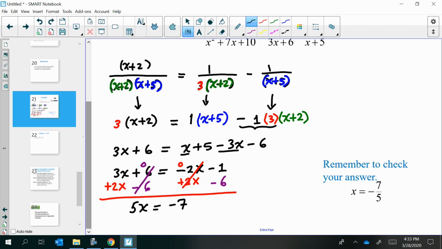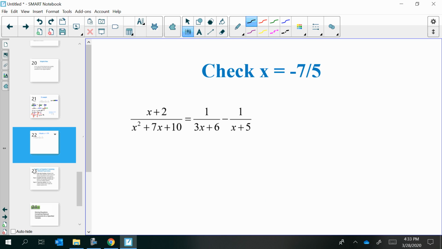And when I do my last step, inverting the multiplication of 5 by doing division, I have my proposed solution of x equals negative 7/5. So we'd like to check that solution by plugging it in.